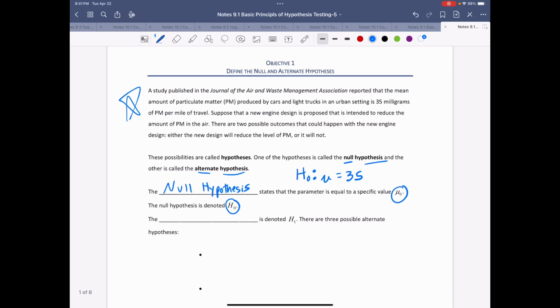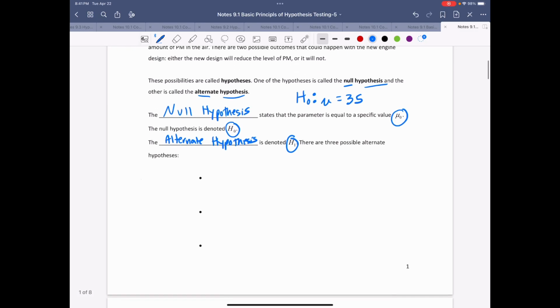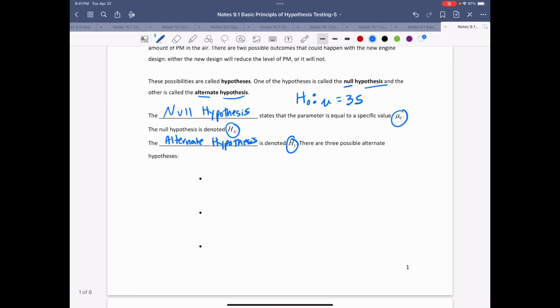And the alternate hypothesis is denoted by H1. And there are three possible alternate hypotheses. What I want you to do is draw three normal curves, please. Draw three normal curves right on this side of the bullet.